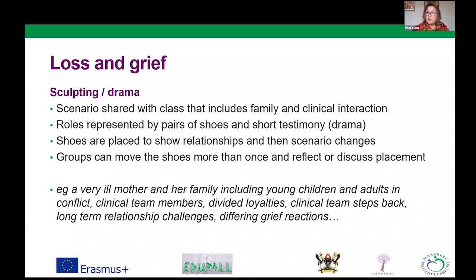And you do that for every role in the scenario. And then again, the group is allowed to move the shoes in response to changes that you give in the scenario. This can be extremely powerful to look at in a bereavement scenario where you take out the person who has died and then everybody else starts struggling to find their roles or having divided loyalties and differing responses to that grief.